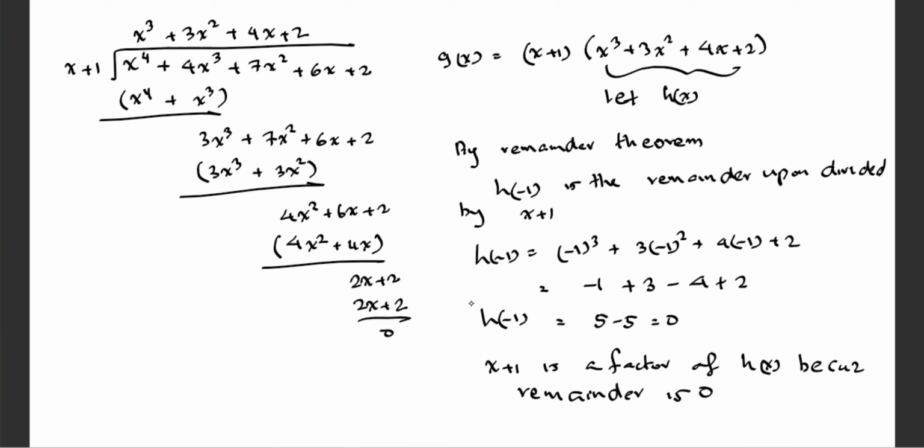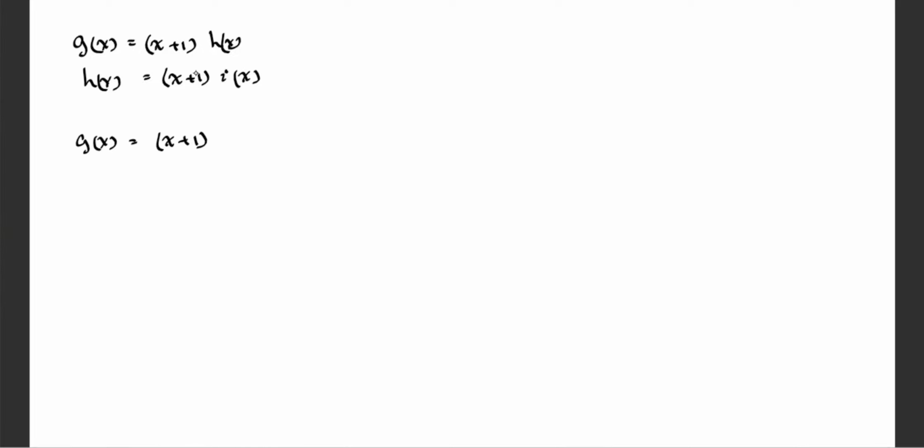Now by this you can say hx is x plus 1 times, let's say ix. You can write ix in this form. Now you can write gx as x plus 1 hx and hx as x plus 1 ix, which means you can write gx as x plus 1, wherever you have hx you put x plus 1 ix.